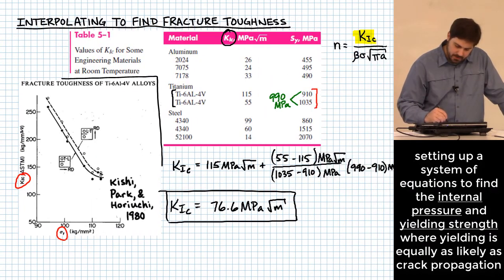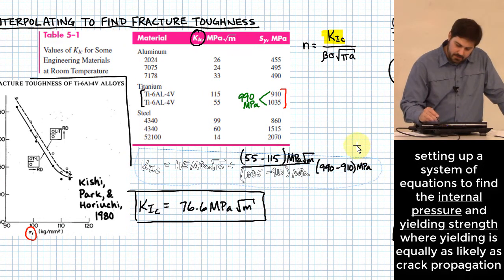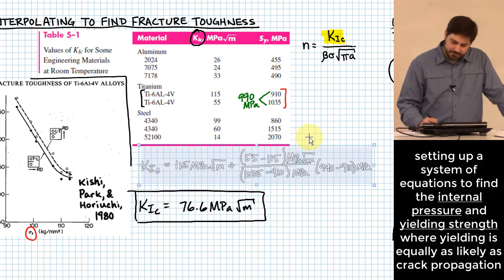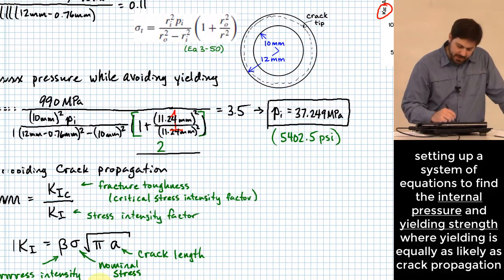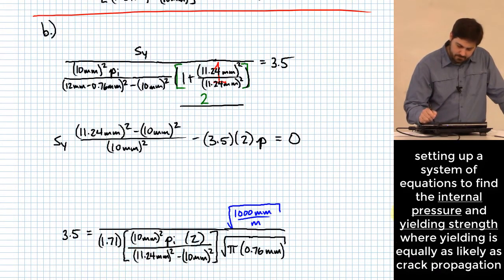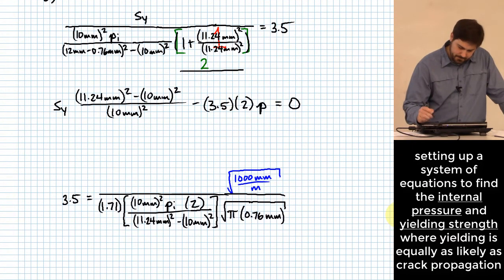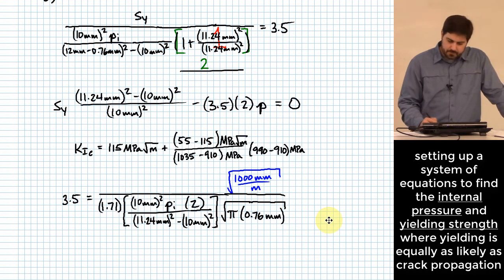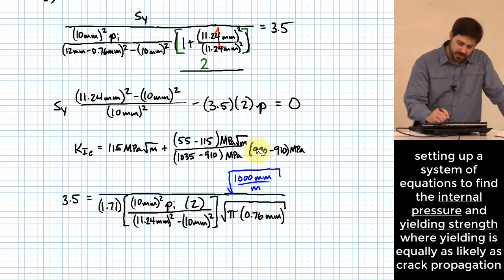If I go up here, I actually have an equation that does that, already written out right here. Let me copy it and bring it down here. What would I need to change on that? Which of the numbers in that equation can I no longer count on? 990, right? Now I need to write it in here as S sub y.